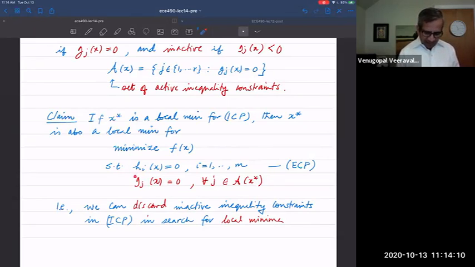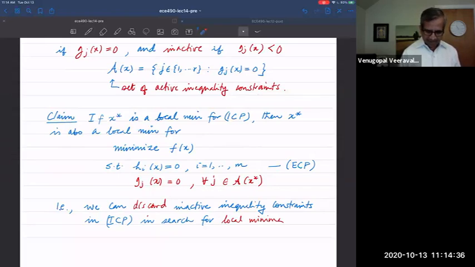So if x is regular for this problem, and regular for this problem means that the gradients of the h_i along with the gradients of these g_j, the ones that belong to the active constraints, all have to be linearly independent, then we can write down a Lagrange multiplier equation for this problem.